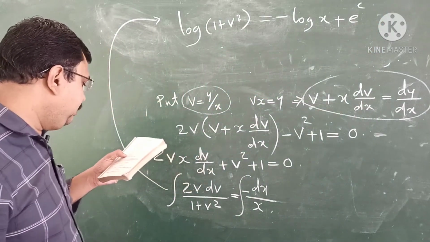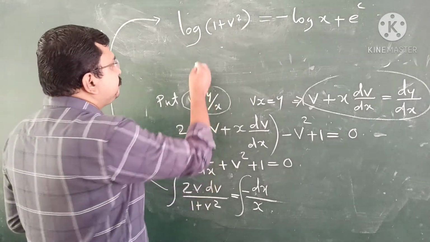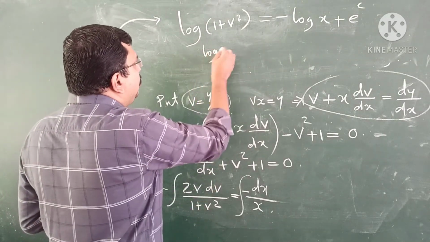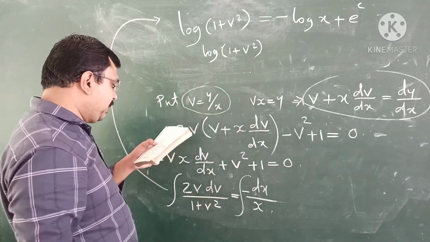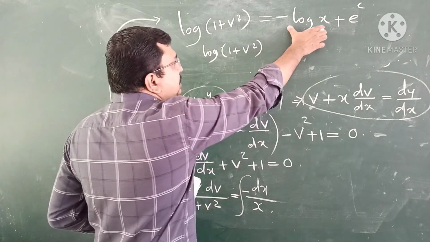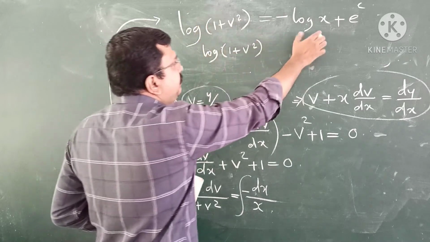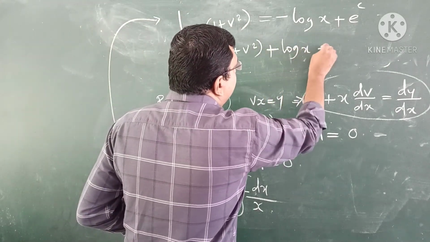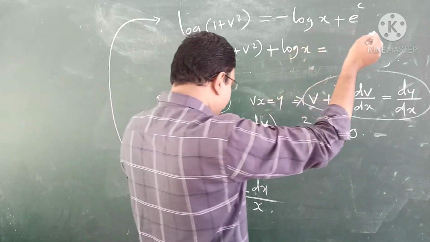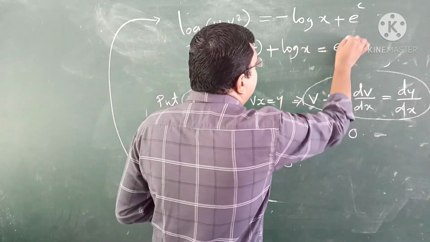Okay, then we can write log of 1 plus v square, minus log x is shifting to here, then it will become plus log x equal to e raised to c.